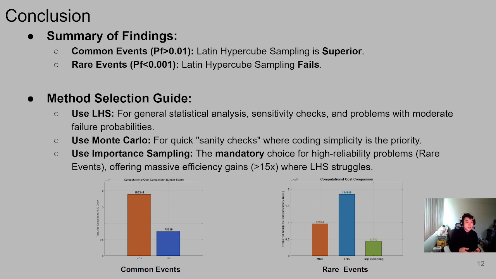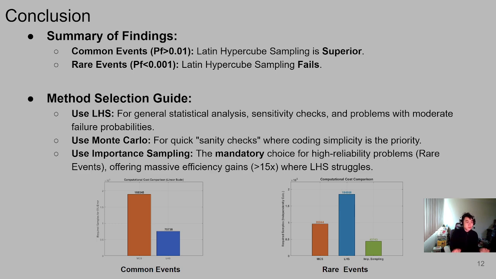What's good is that the coding is much simpler than LHS. Because with LHS, you have to divide each space into even strata, and you have to do many things for such a problem.